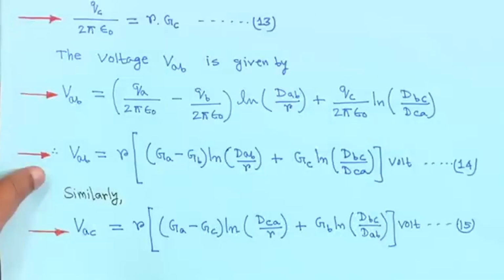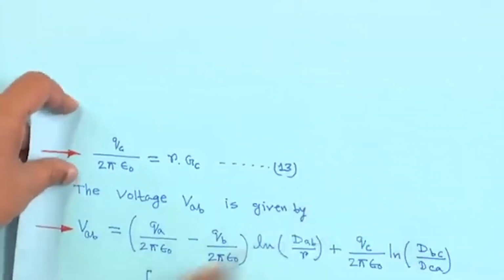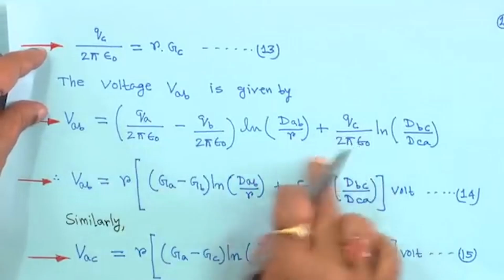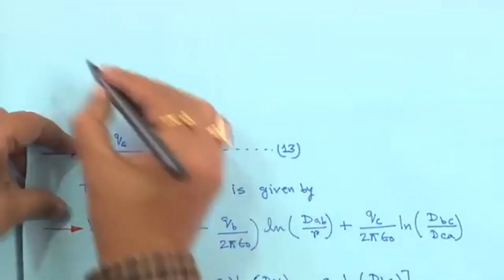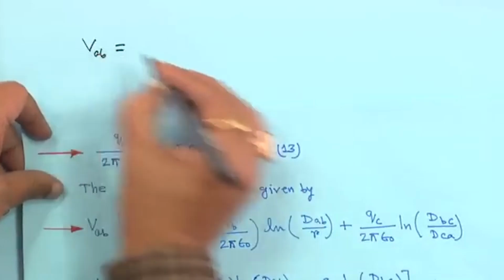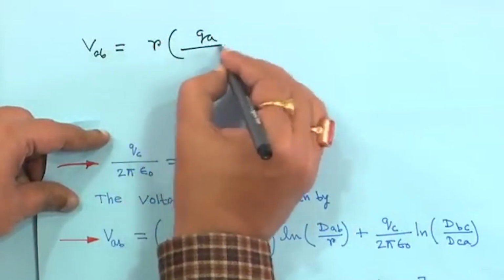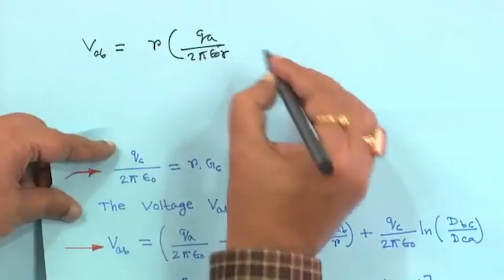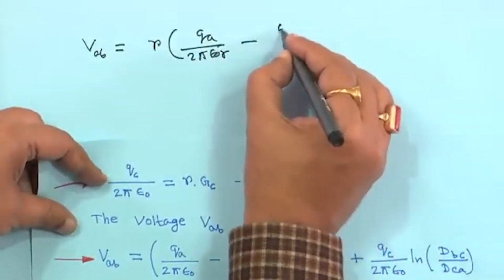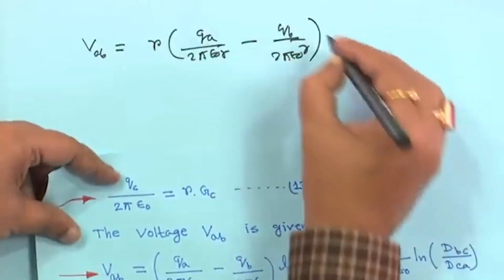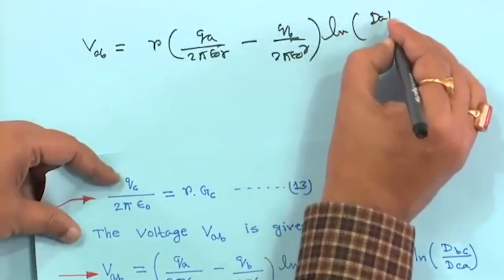We will come back. Now, the question is how these things are coming R into this thing. First equation is this VAB. Numerator and denominator here you multiply by R, right. Then your VAB is equal to, if you multiply by R, QA upon 2 pi epsilon 0 R minus QB divided by 2 pi epsilon 0 R, then ln DAB upon R plus this term.